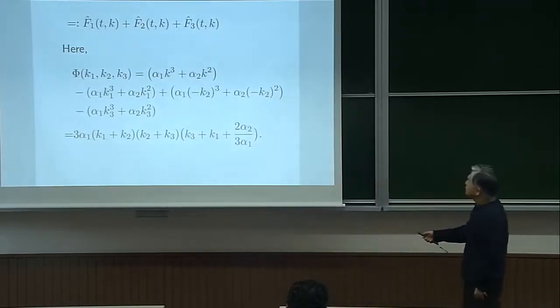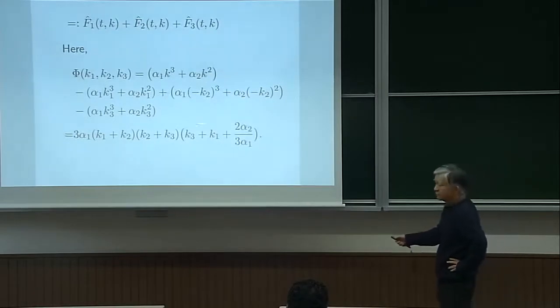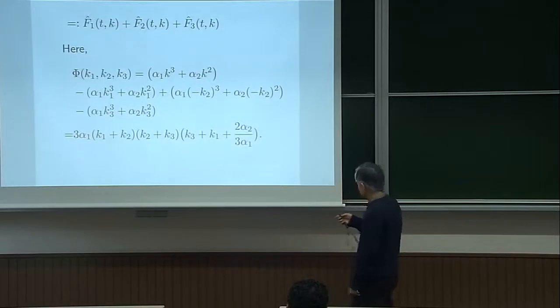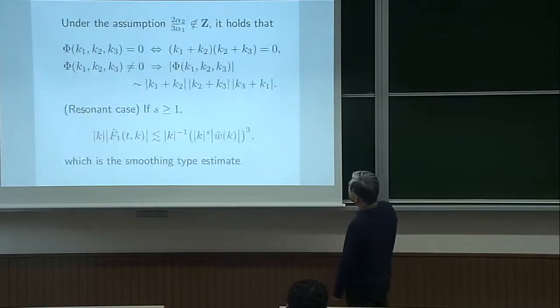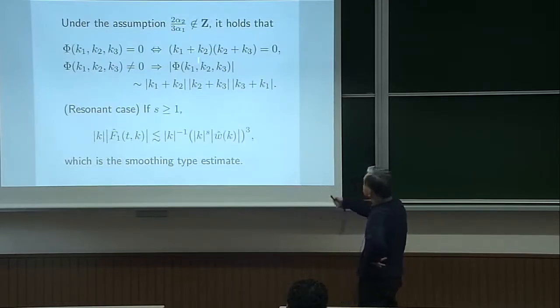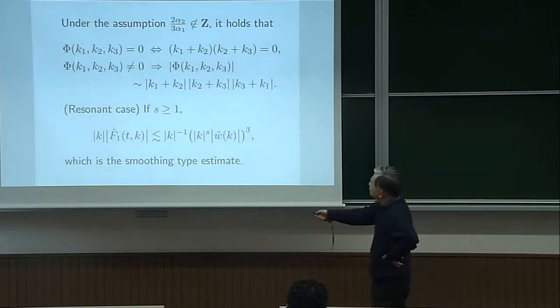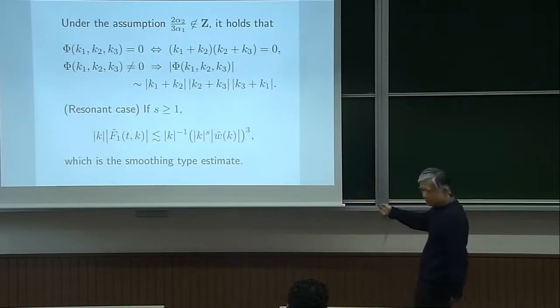So this is called four-wave mixing. And so under the non-resonant condition, function capital phi is equal to 0 if and only if K1 plus K2 times K2 plus K3 equals 0.